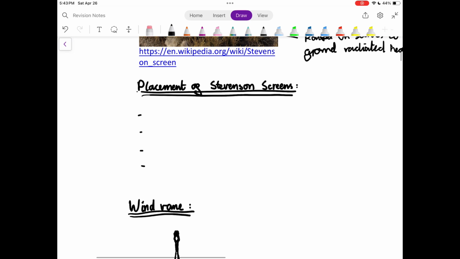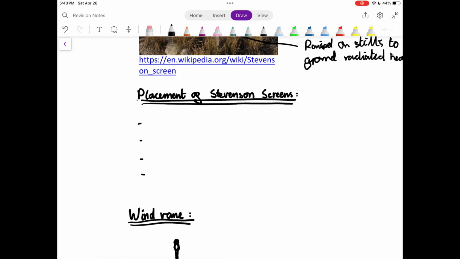Okay, so now I'm going to be looking at the placement of Stevenson screens and where they should be placed. They should be placed away from buildings, so that they're not affected by the heat. The next is away from trees, so that it's not sheltered and therefore can collect a more reliable data set.